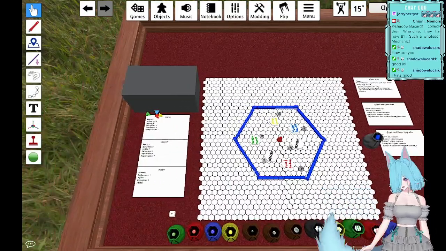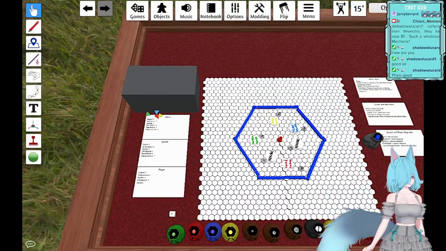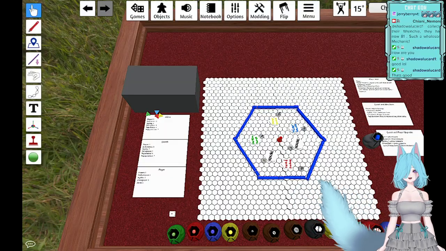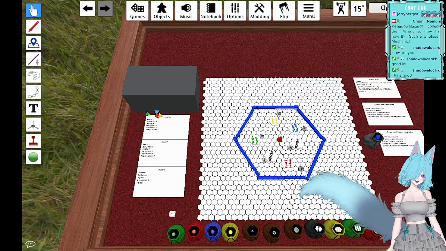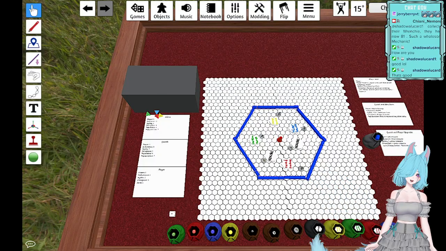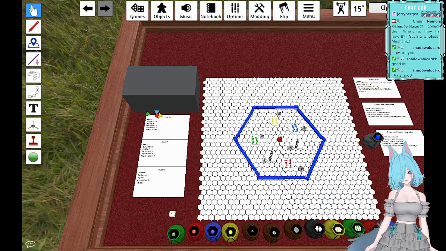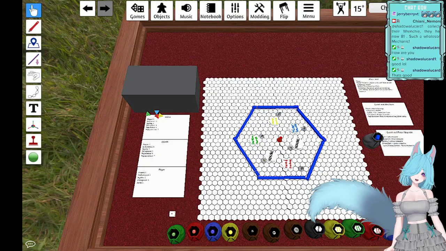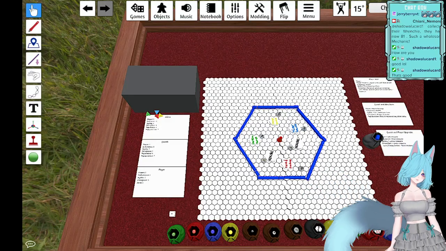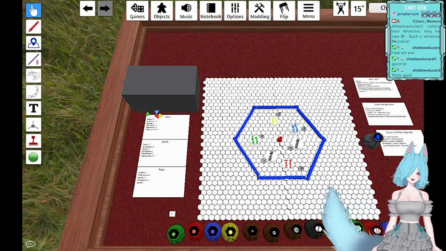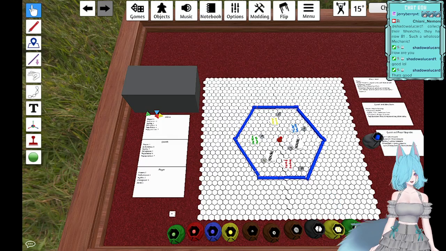I'm gonna go for 5 cycles here. That is my current goal. After 5 cycles, we're gonna decide, do we still feel like playing? Do we not? Or do we want to move on? I hope that we do feel like playing.